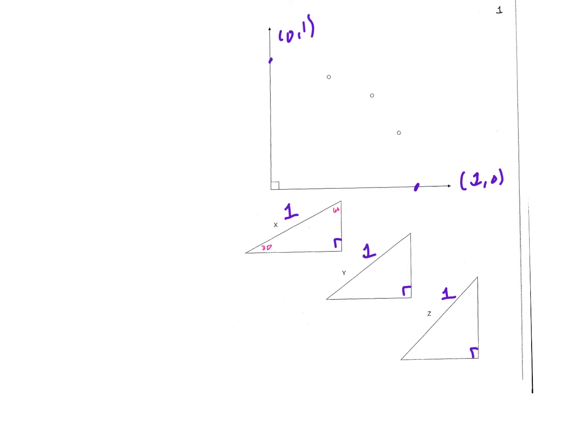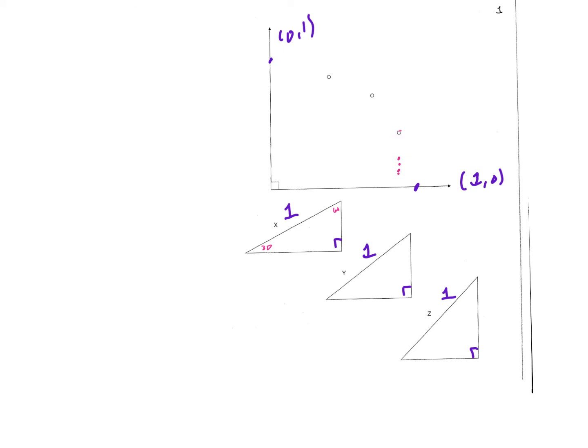But I need you to visualize taking this 30, 60, 90 triangle and sliding it up into that position here. Don't draw in the triangle up here. I'm going to draw it in, but then I'm going to erase it. It gets too busy if you do. Just visualize this triangle X being transposed into that position there, okay?